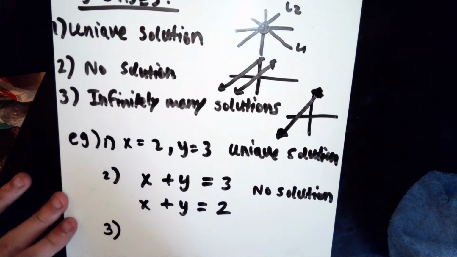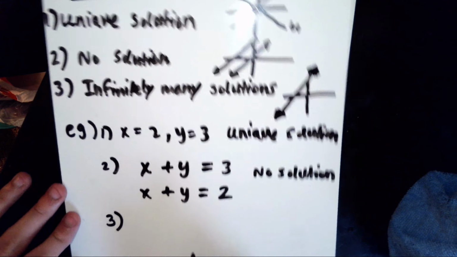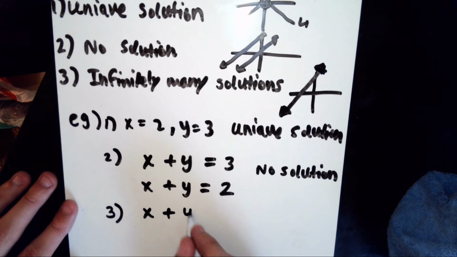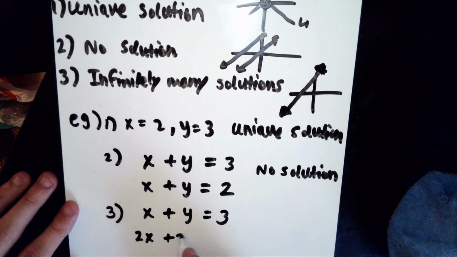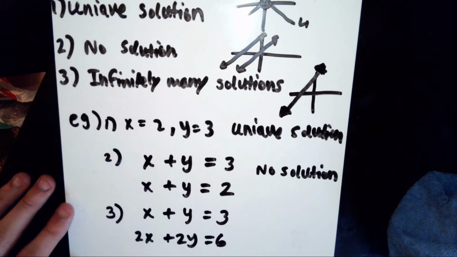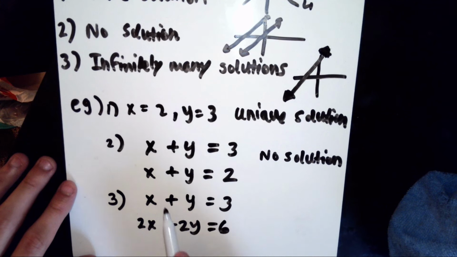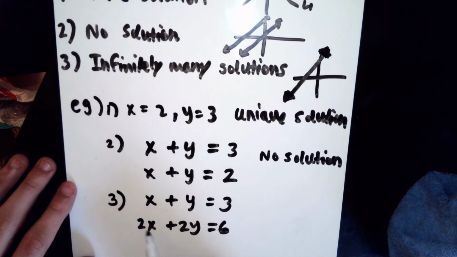And lastly, the case where there's infinitely many solutions algebraically looks something like, let's say you have x plus y equals 3, and then let's say you have 2x plus 2y equals 6. These are actually the same line. They look different because we've introduced this factor of 2, but it turns out these give you the same exact line as each other.